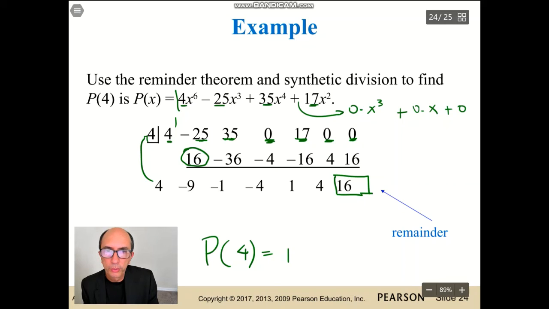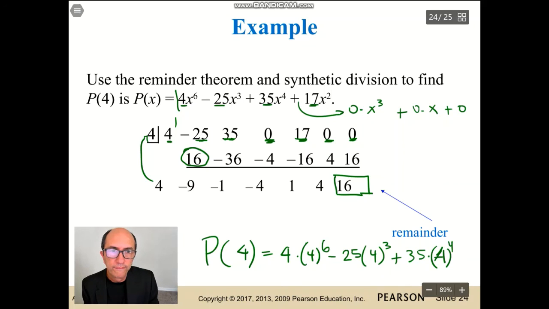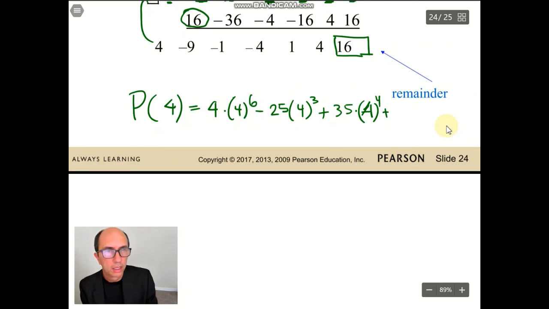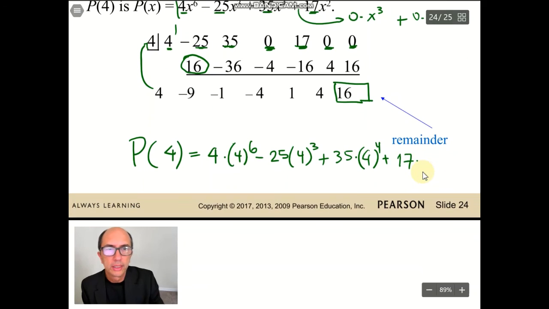This is going to be equal to 4 times 4 to the 6th minus 25 times 4 cubed plus 35 times 4 to the 4th plus 17 times 4 squared.